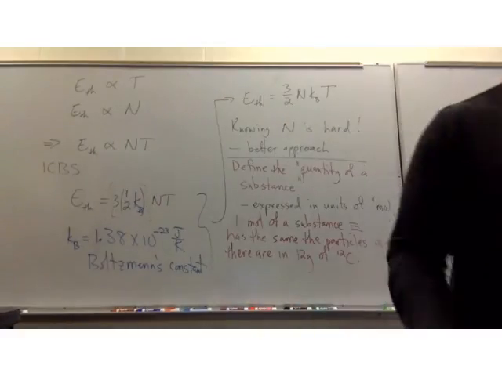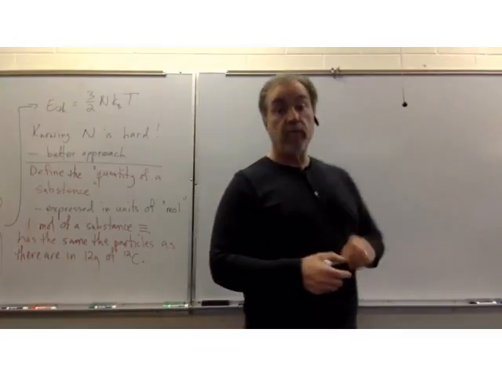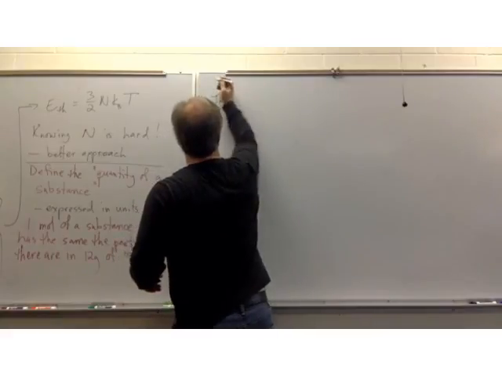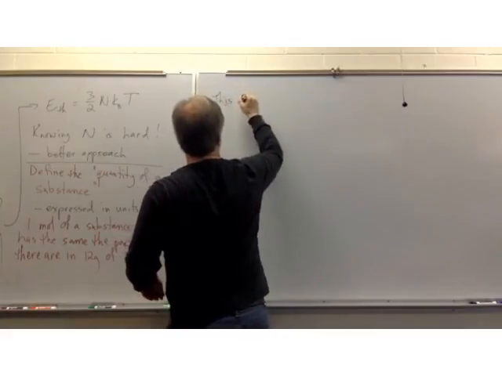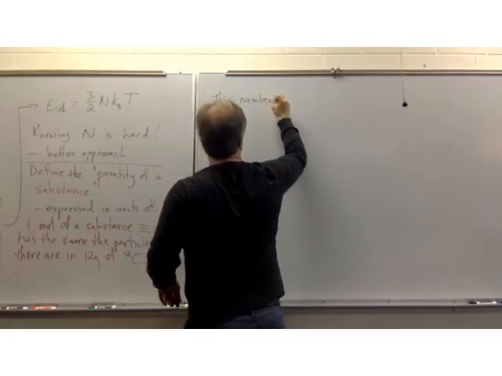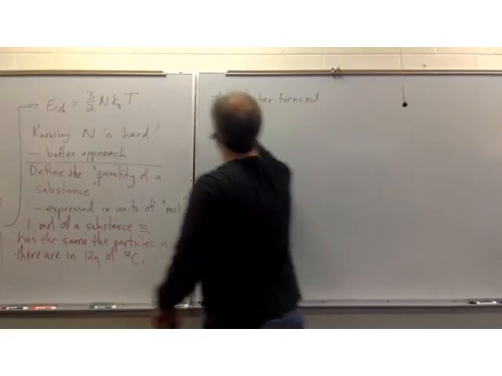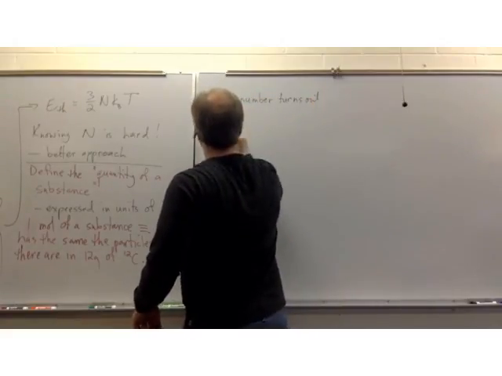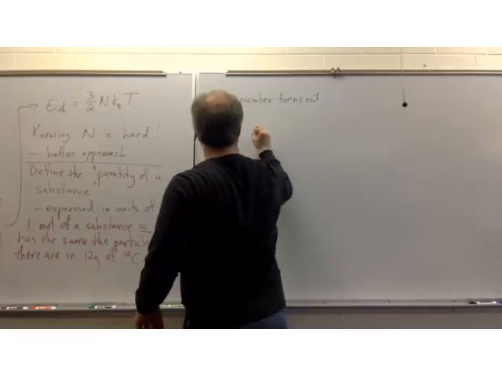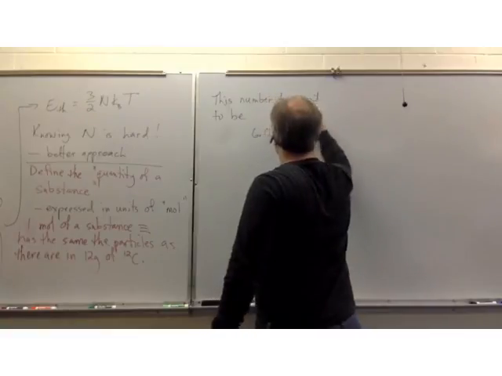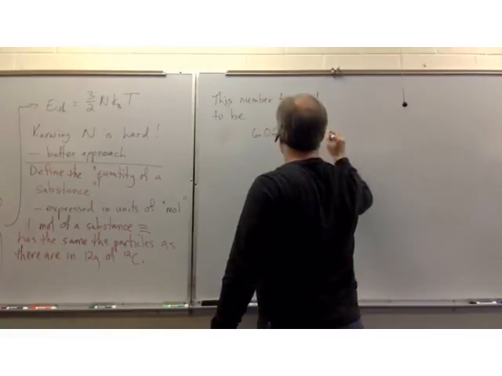You probably have heard what this number is, and actually experimentally determining what that number was not simple, but it was done eventually. It's 6.022 times 10 to the 23rd.